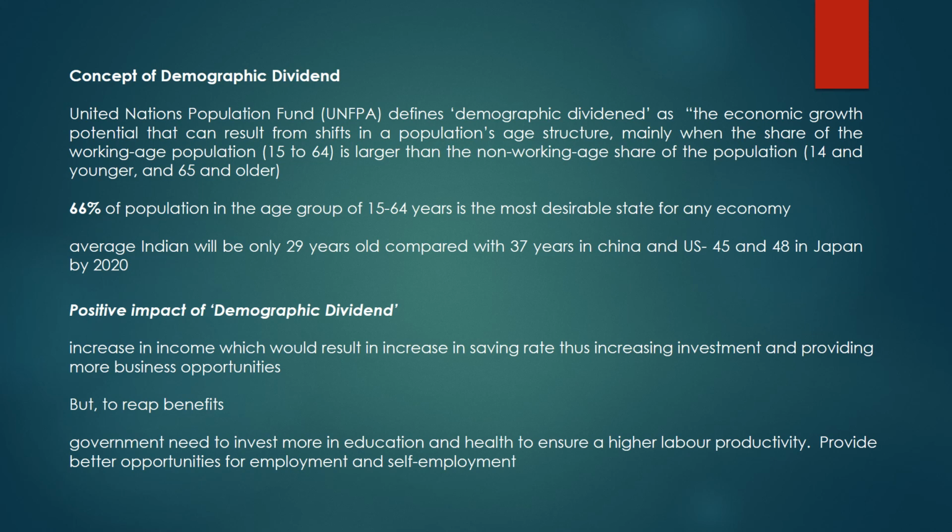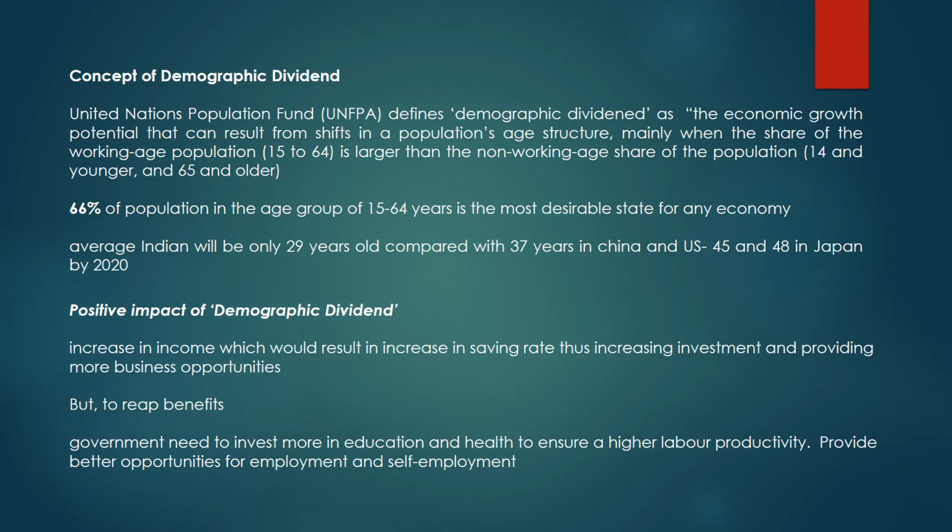The economic growth of any country enhances when its workforce is larger than its dependent population, which is also referred to as unproductive population, which falls in the age group of 0 to 14 years, that is children, and above 65 years, that is old people.